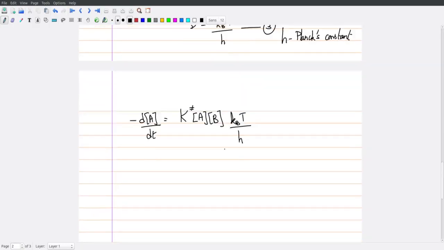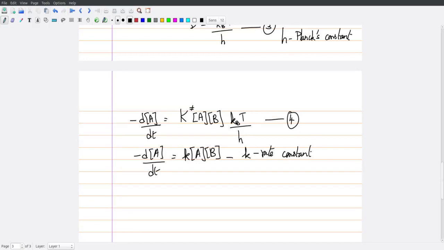Now, experimentally we also know that this rate is given by K into A into B, where K is the rate constant. Let us put this as equation 4, and the other as equation 5. Since the left hand side of both equations is the same, you can equate the right hand side.